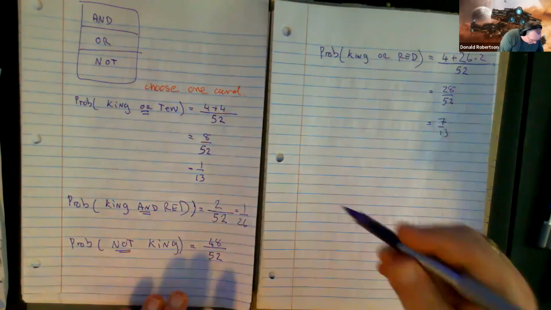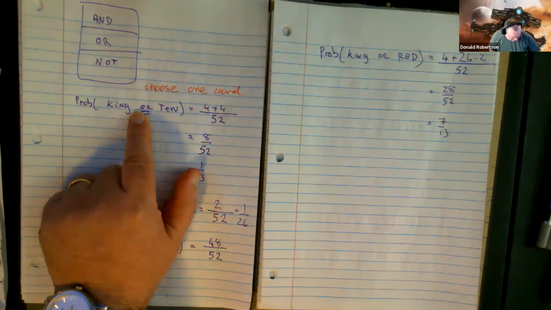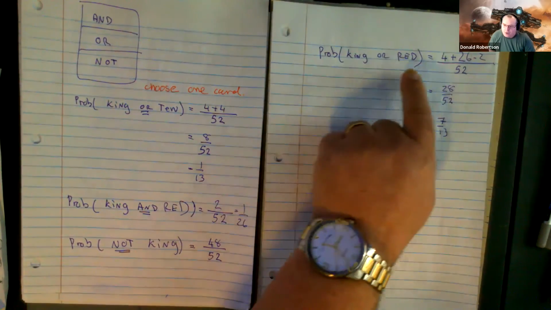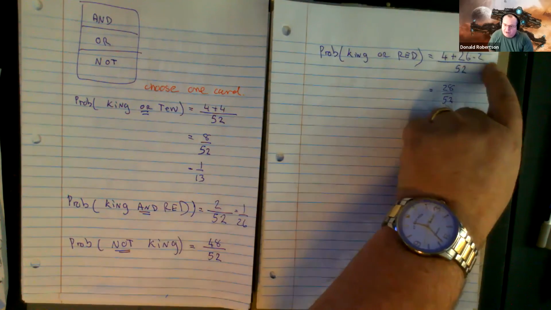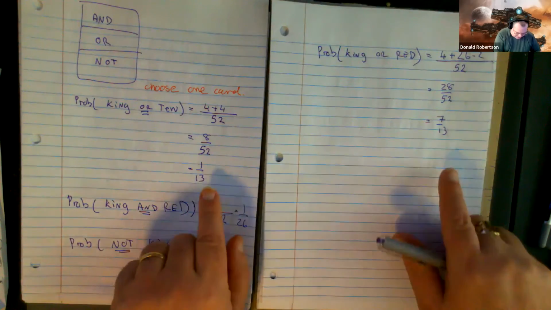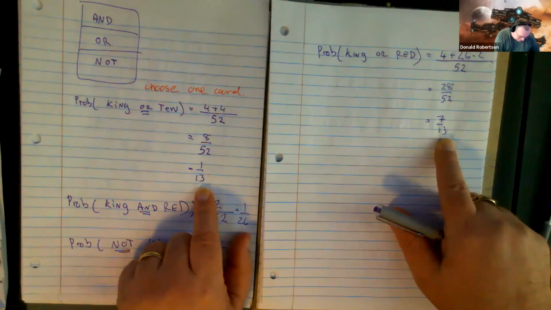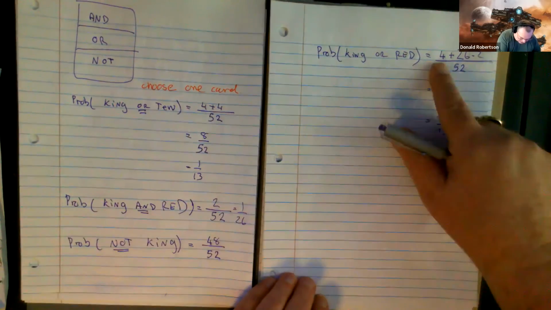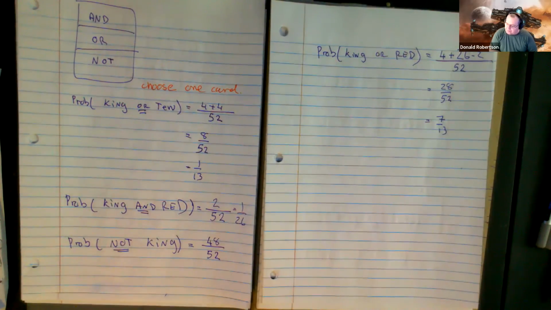Now, do you notice in this question, you added the 2 and got the answer? And in this question, you added the 2, then you took away the double dipping, right? So doesn't it really depend on what these are, whether you just add them or add them and take away the overlap, right?